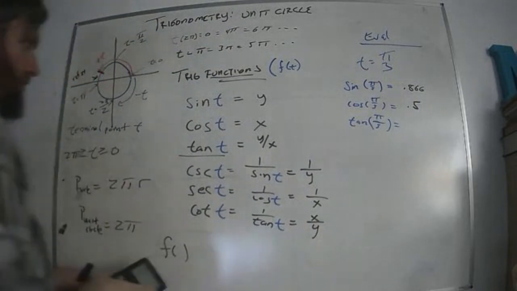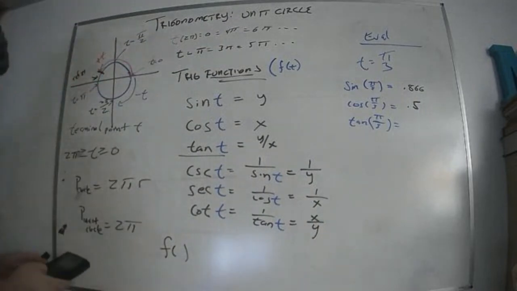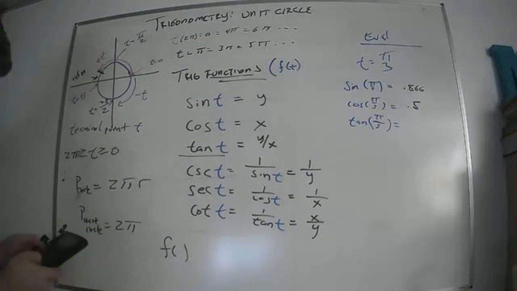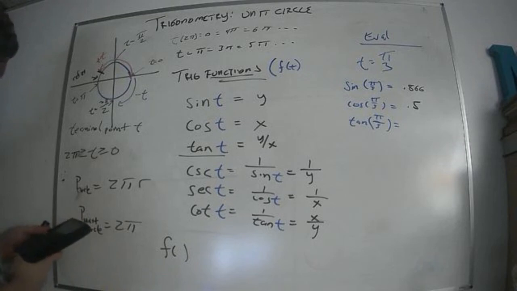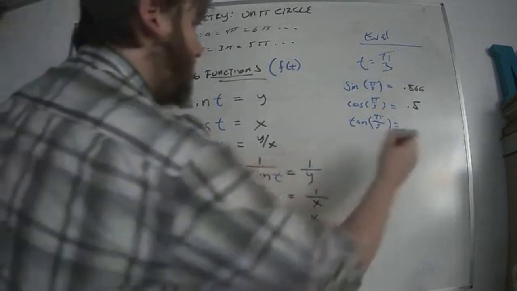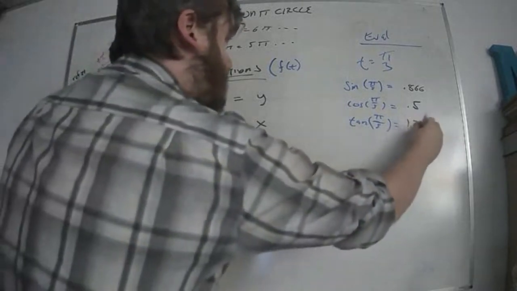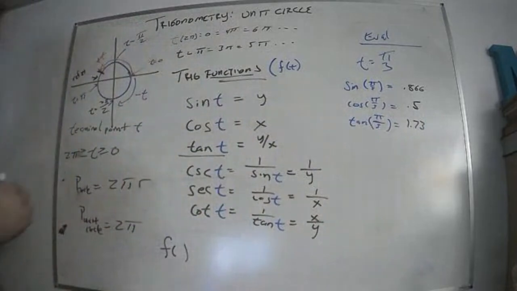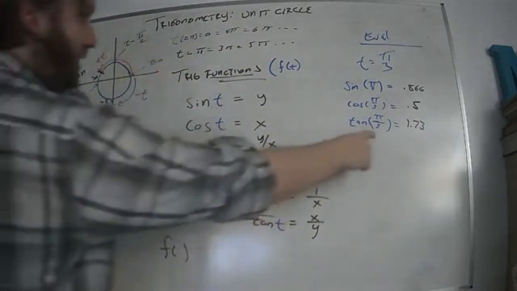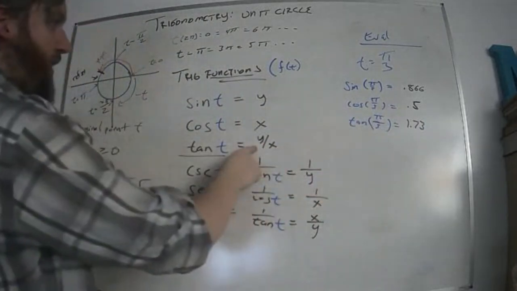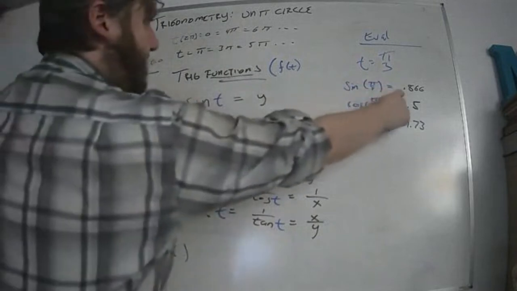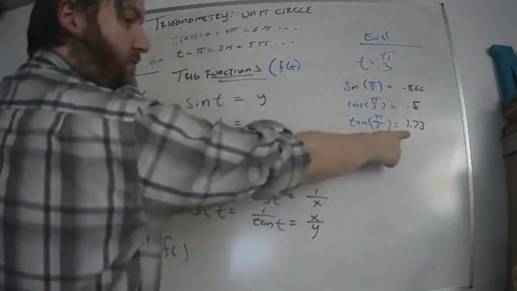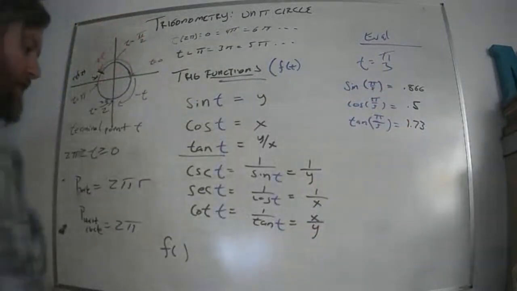If I take the tangent, and just by pressing the tangent button, I get 1.73. Which I certainly should get, because the tangent is y divided by x. 0.866 divided by 0.5, about that. So that's good. That's what I should get.